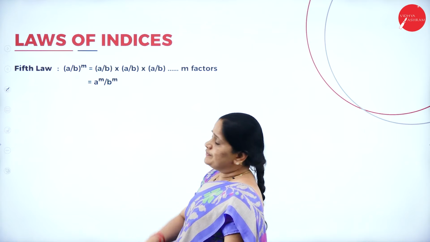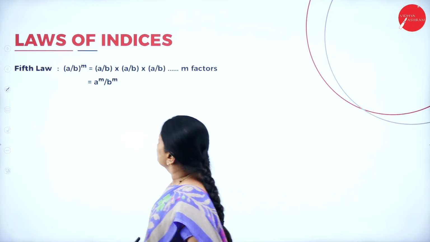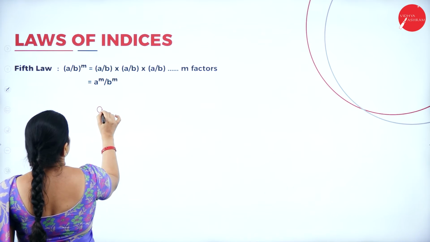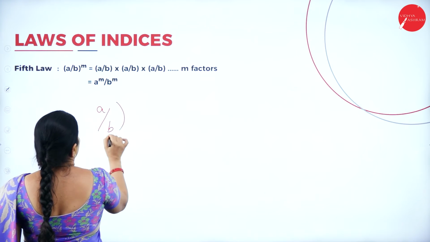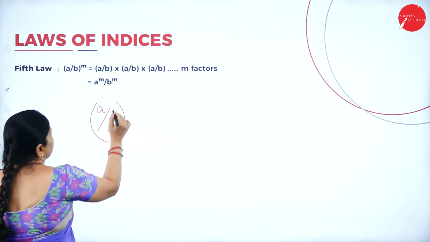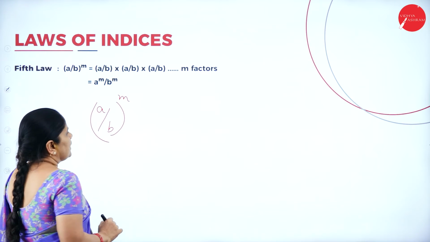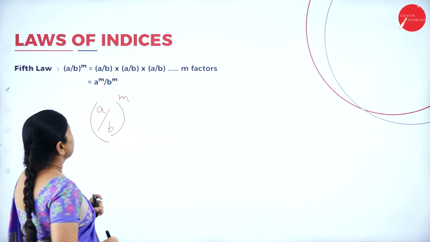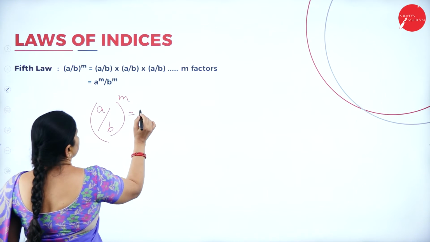Next, the fifth law. What does this fifth law tell us? Here they have a fraction, (a by b) to the power of m. If there is a fraction and it is raised to a power, then what should we do?